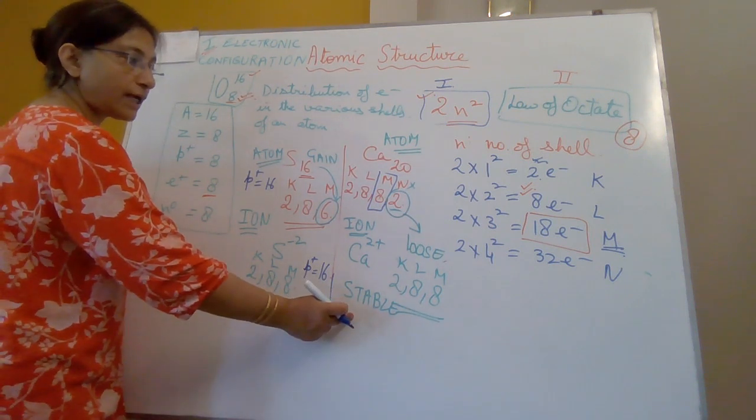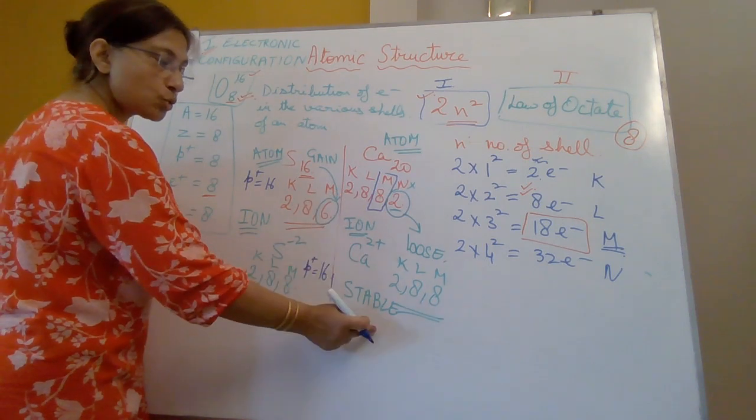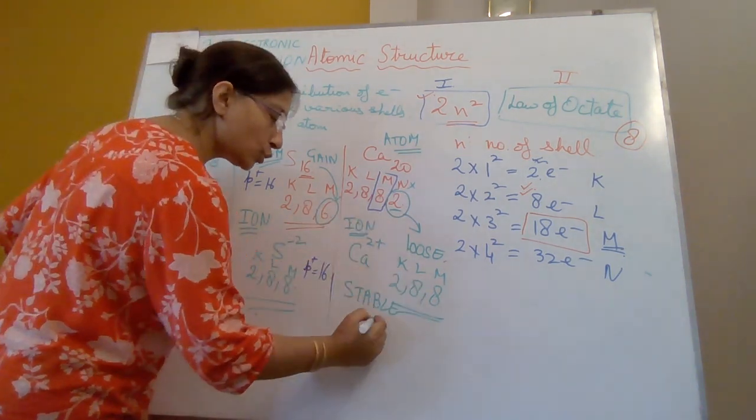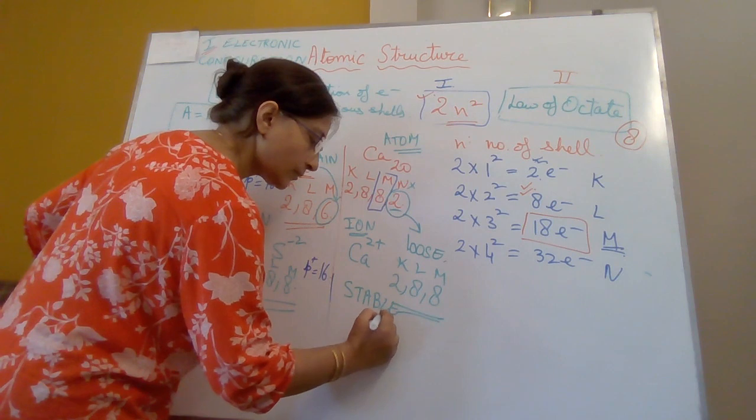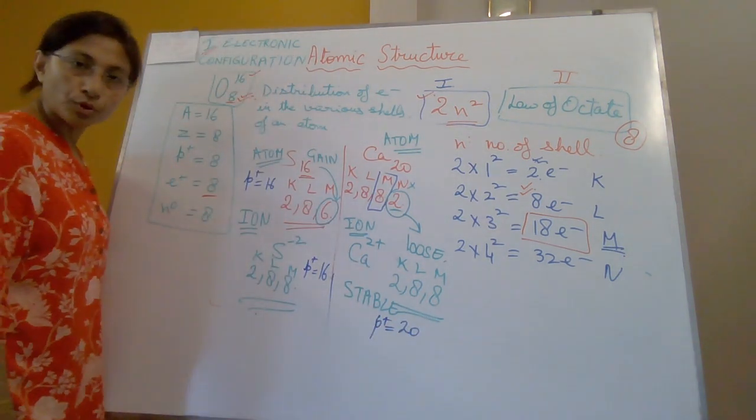Same is the case in calcium. Here, even after losing the 2 electrons, the number of protons is 20 throughout the process.